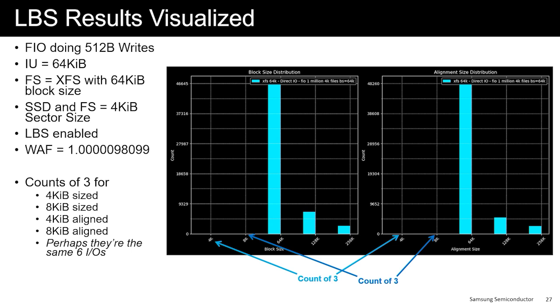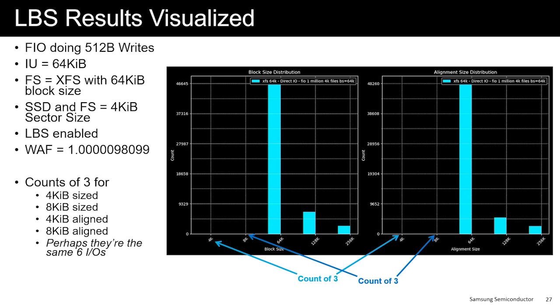There are 3 4K interactions. There are 3 8K interactions. And if you were to look at the offset, the LBA that they were offset, there's again a count of 3 and 3. And so those are the final couple that they're going to track down and close off as well.